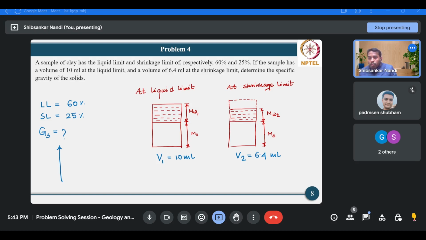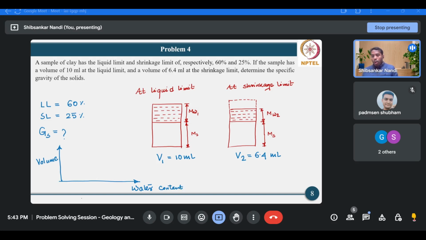So this is the volume along the y-axis, and this is the water content. Okay.